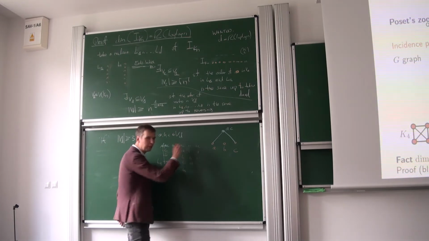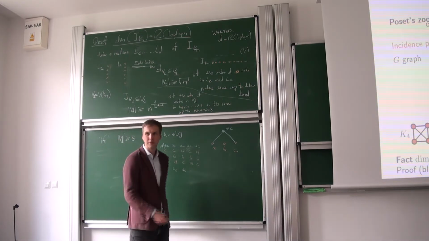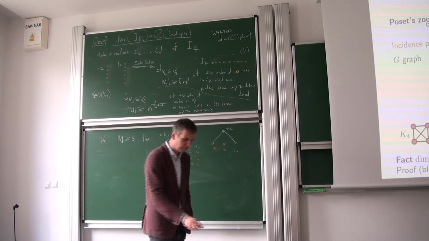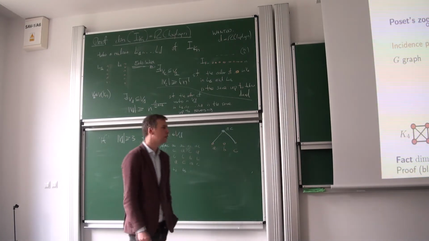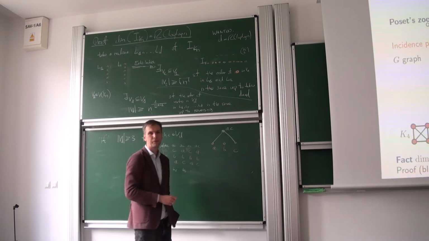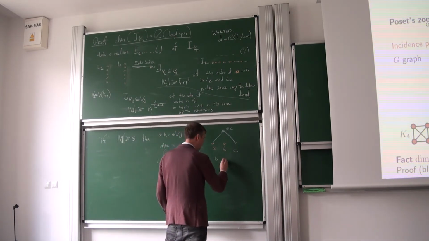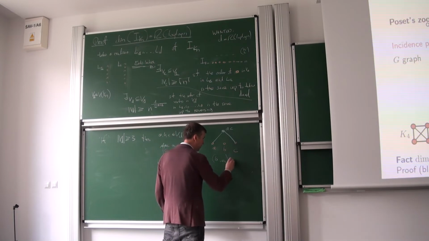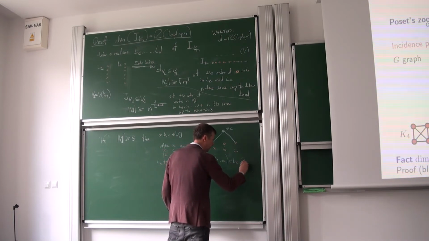Everywhere it's about the 3 elements. Why is it a problem? B and AC is an incomparable pair in RKN, yeah?